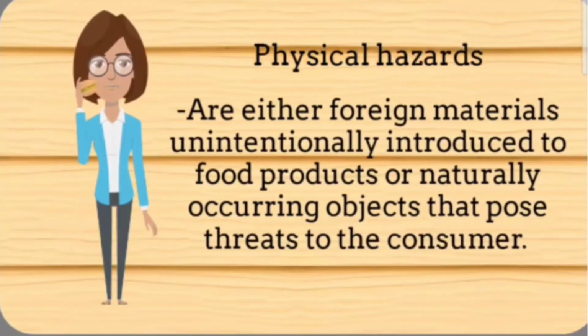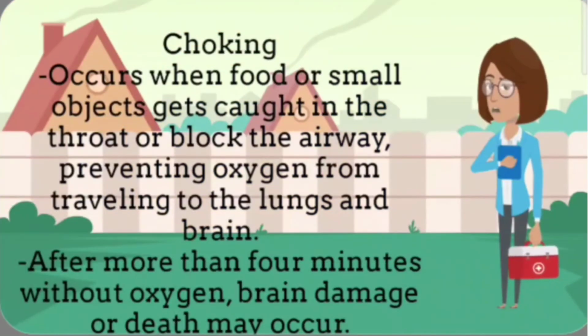And lastly, is the physical hazard. Physical hazards are either foreign materials unintentionally introduced to food products or naturally occurring objects that pose threats to the consumer. Choking occurs when food or small objects get caught in the throat or block the airway, preventing oxygen from traveling to the lungs and brain.